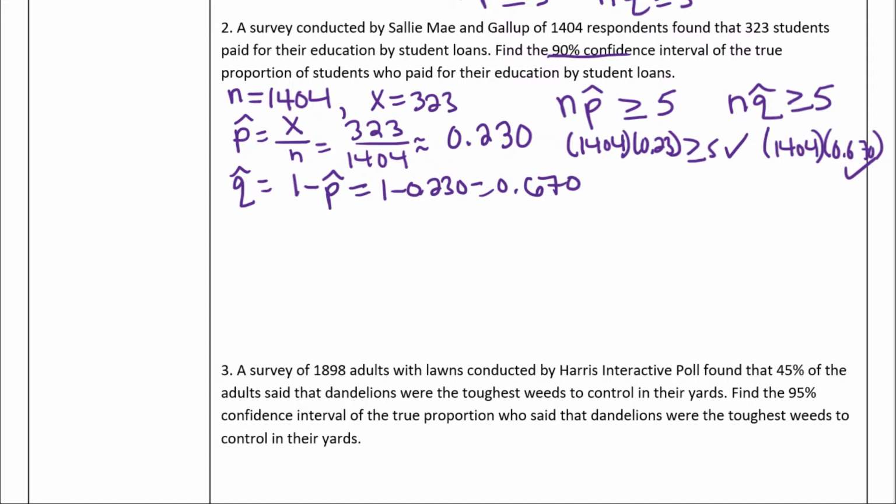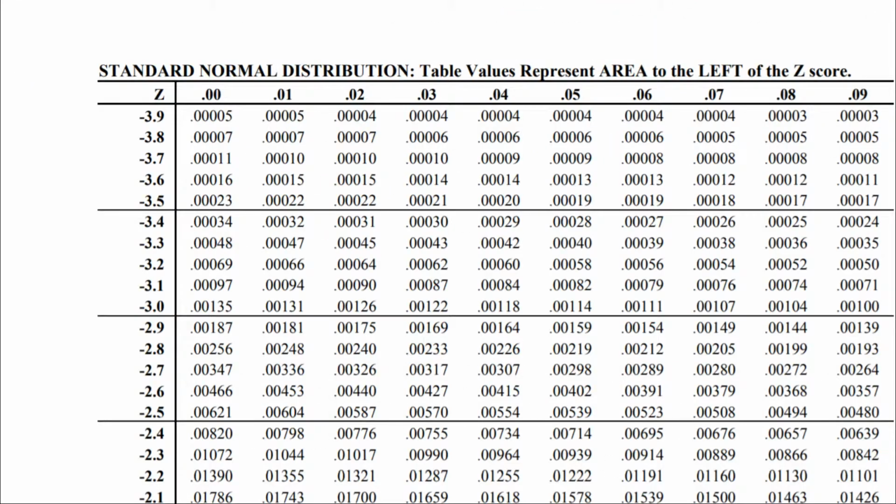Now we want a 90% confidence interval. So since we want 90% confidence, this is my confidence level. That means my alpha is 10%, which means my alpha over 2 is 0.05. So we need to find the area on the z-chart that corresponds to 0.05. All right, so then we go ahead and look this up on the chart.